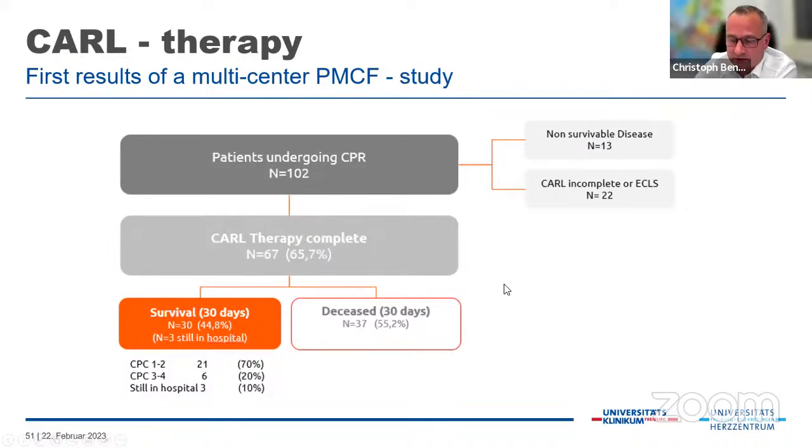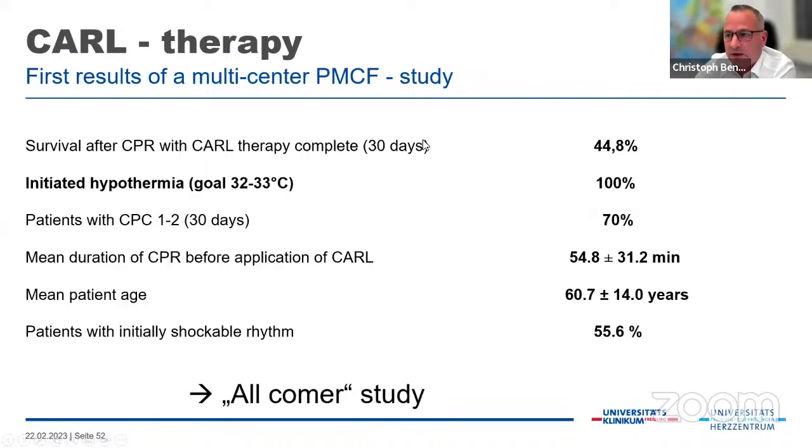All the target parameters are reached, and the survival rate is currently 44.8%, and these are really extremely promising results. We initiated hypothermia in 100% of all the patients, and the goal was 32 to 33 degrees. 70% of the surviving patients had a CPC 1 to 2 after 30 days.